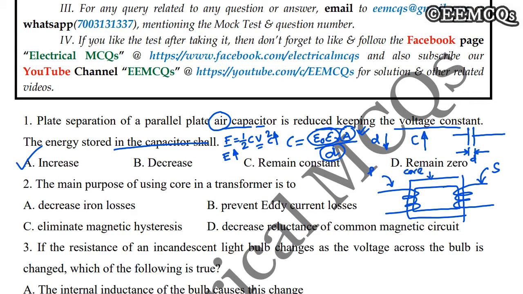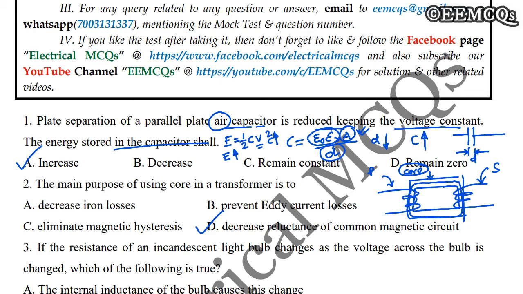So why is this core used? This core is basically used so that a rigid magnetic coupling is there and the flux can easily go through this core and come back. Means there is a very low reluctance path through which the flux can travel. For this the core is there. So option D is the correct answer, which says decrease the reluctance of the common magnetic core.